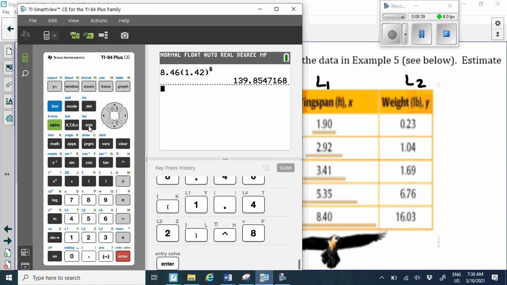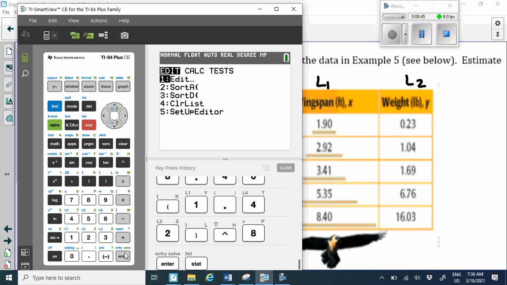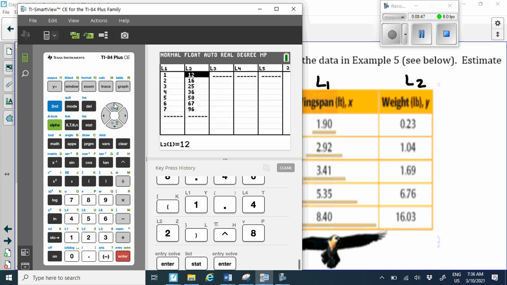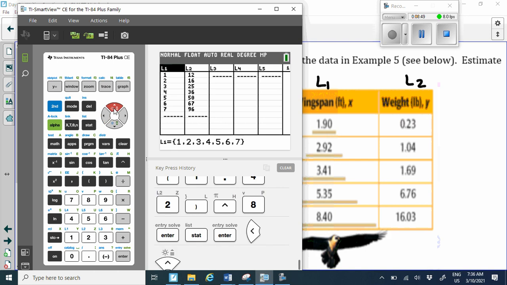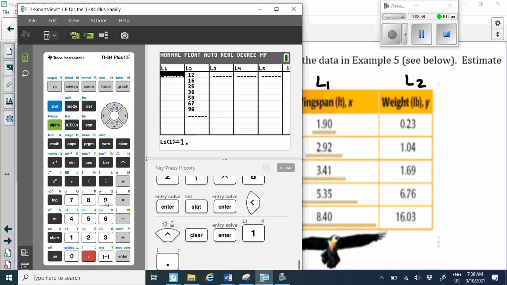Okay, so now I go ahead, go into my stat again to do this. So once again, I press the stat key that's in the 3rd row and 3rd column right by the arrows. I need to edit my list, so I press enter. Now, once again, in order to get rid of all these numbers, I press clear and enter. It clears that list. Okay, now I'm going to go ahead and plug in my L1, the X's, so that's going to be 1.9, and I'm going to press enter. Okay, so now I'm going to do the rest of these.